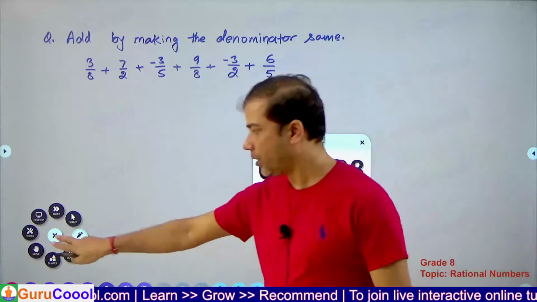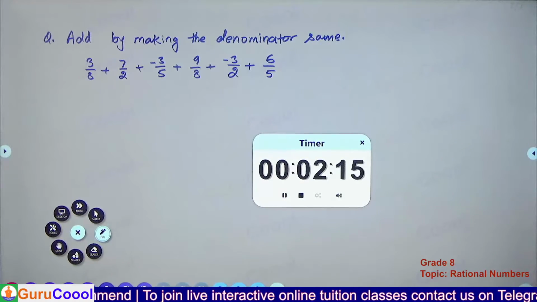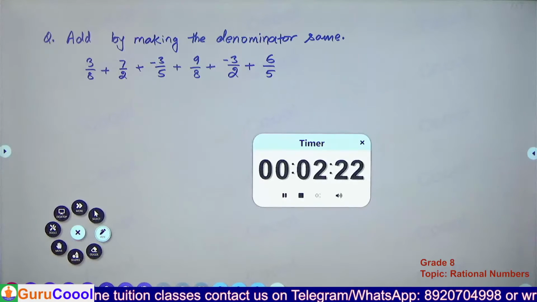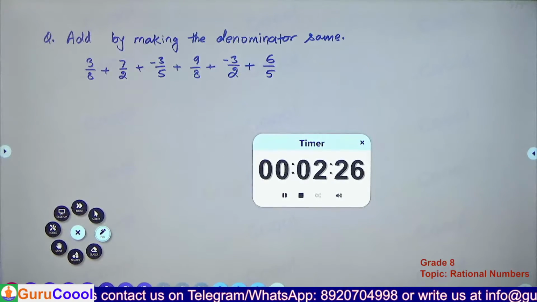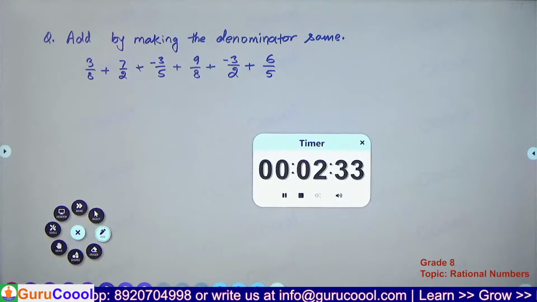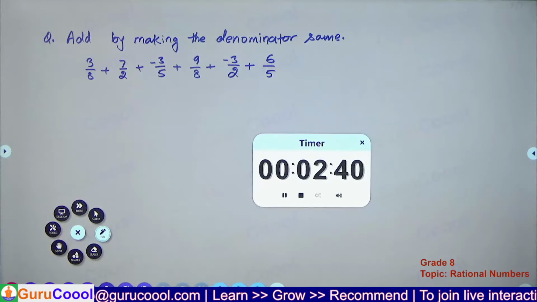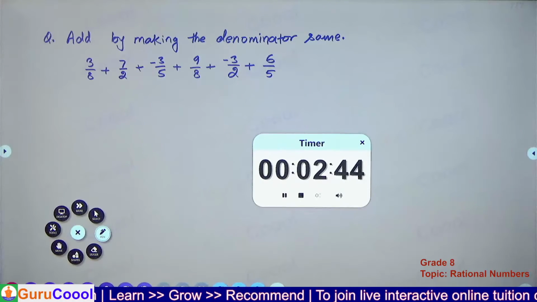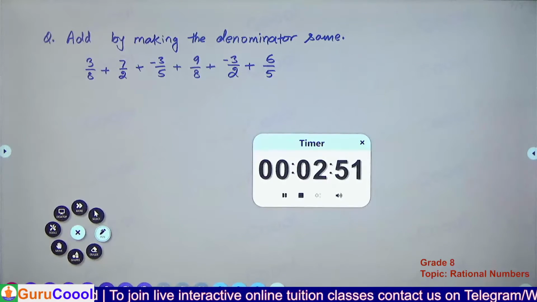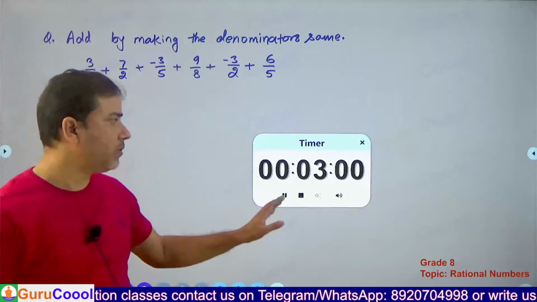Do it quickly. 3 minutes for solution, 1 minute for submission. Your 3 minutes is over, solution time is over.